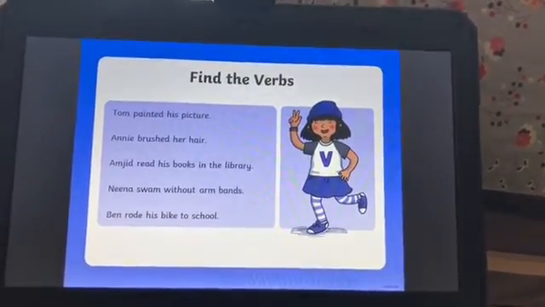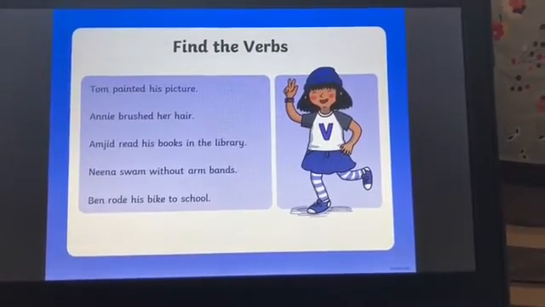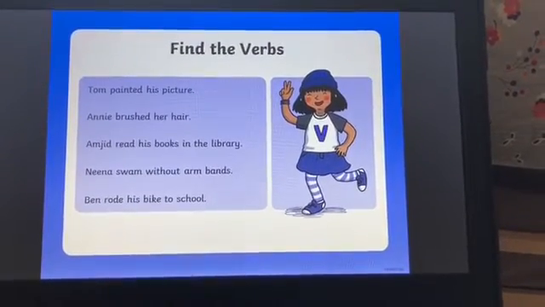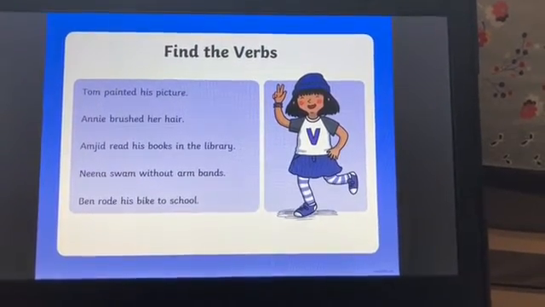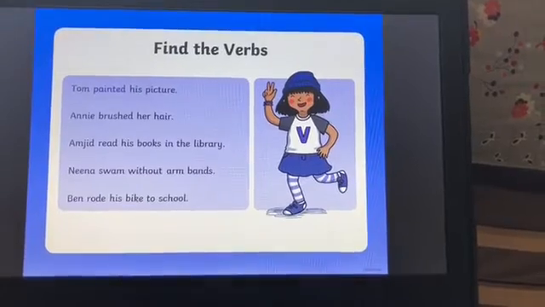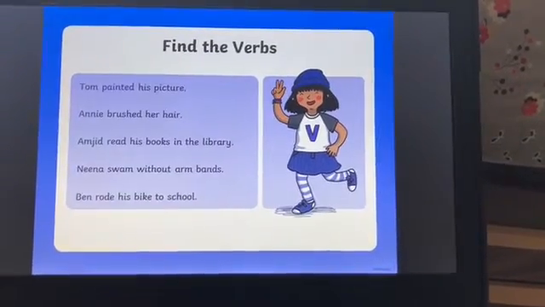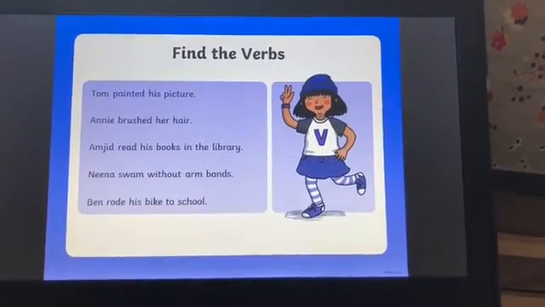So, find the verbs. Let's see if you can pick out the verbs in these sentences. Tom painted his picture. What do you think the verb might be in that sentence? Absolutely right if you said painted. Annie brushed her hair. What is Annie doing?